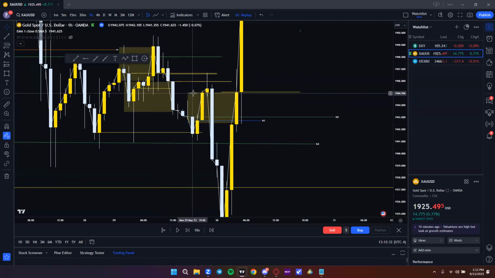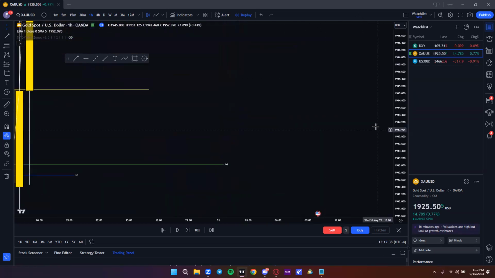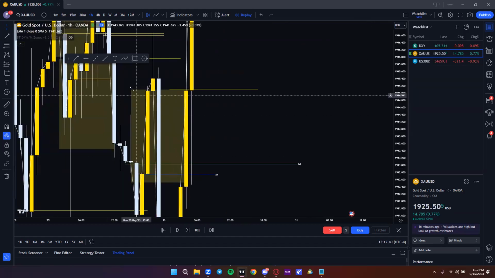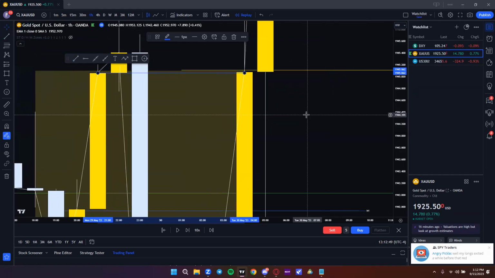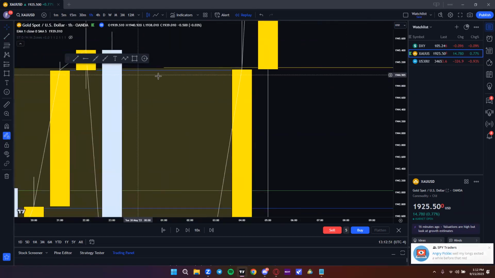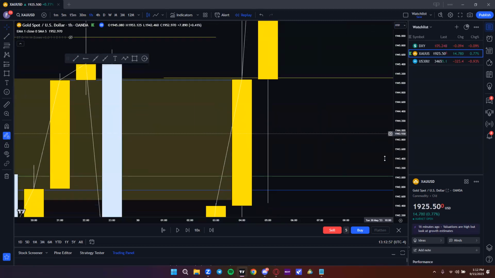Did it break this? Let me just look. It did break out here, but I want to see if it broke out here. It did break out. Even this right here, guys, is enough. This closure here is enough.